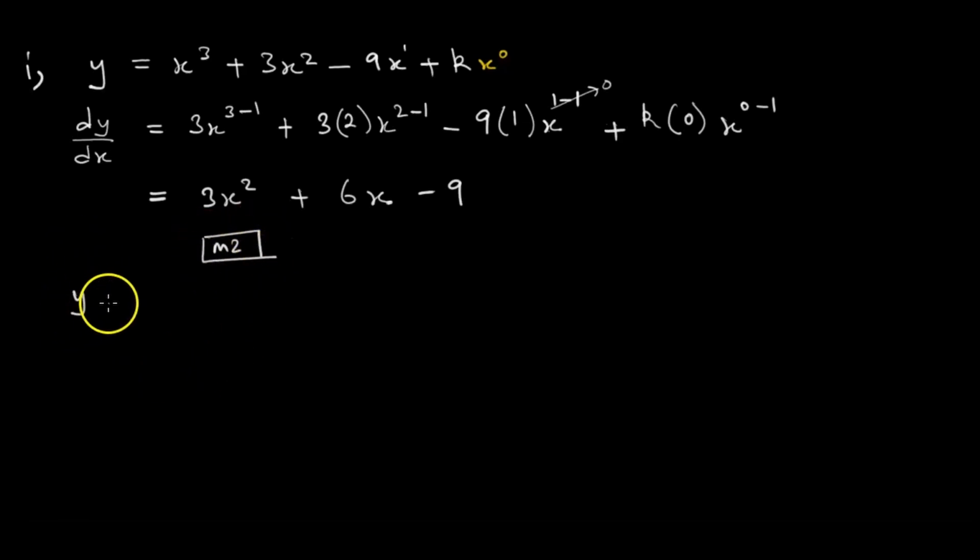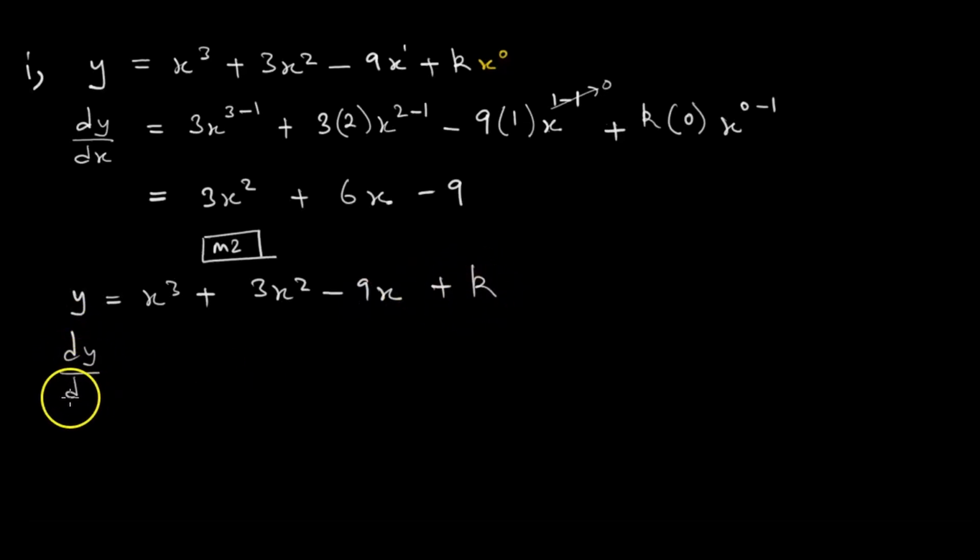manga muchigona kuti y iri equal to x cubed plus 3x squared minus 9x, like that, and then you have that plus k. dy dx is just equal to 3x squared.